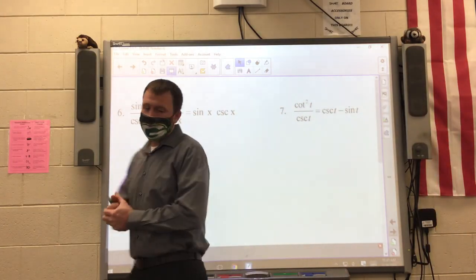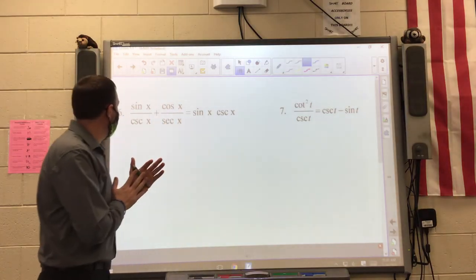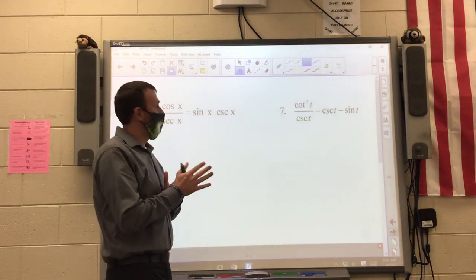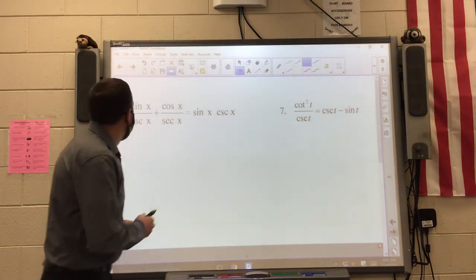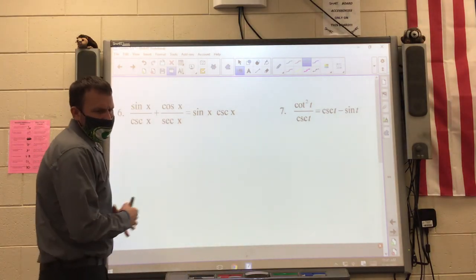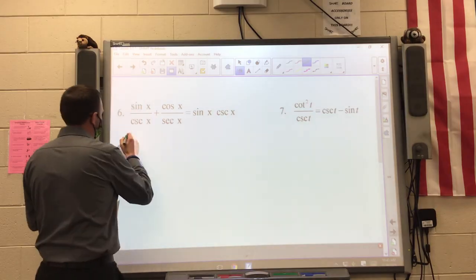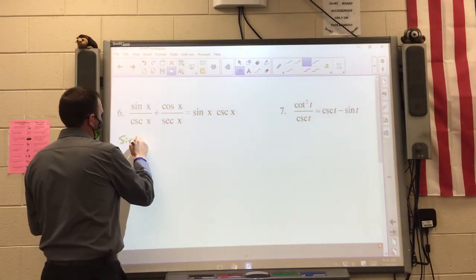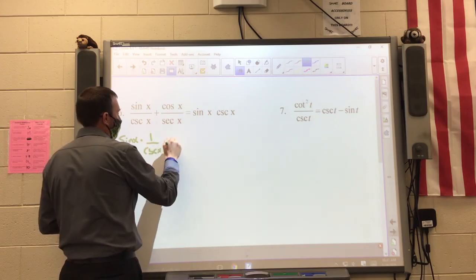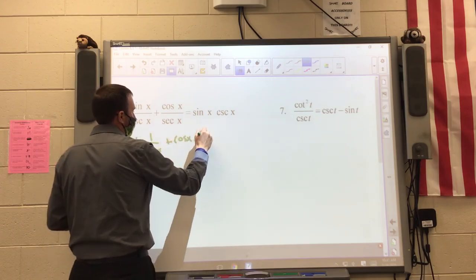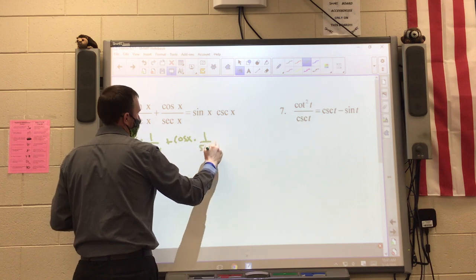Alright? So the next problem is I have sine over cosecant plus cosine over secant equals sine times cosecant. So I'm going to rewrite this a little bit. Divided by is the same thing as times 1 over, so I'm going to do the reciprocal. Plus I have cosine of x times 1 over secant of x.